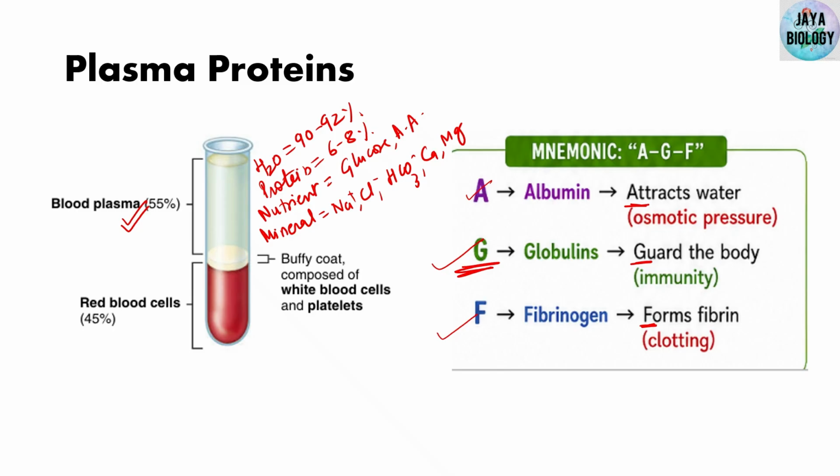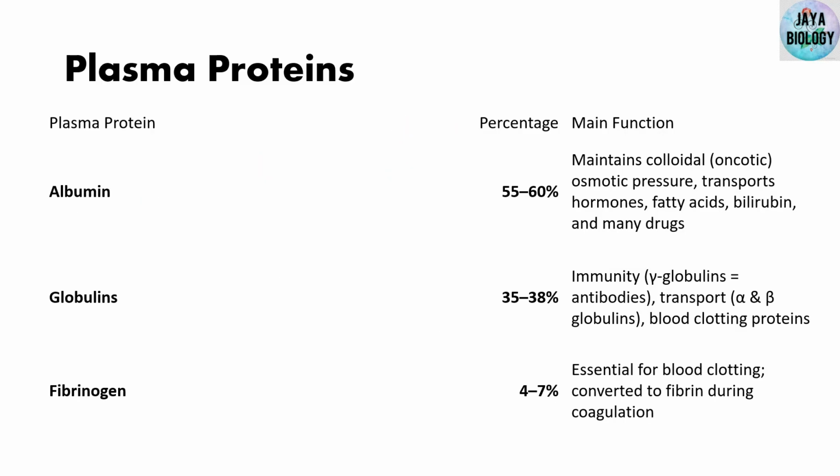Now let us discuss one by one. Albumin. If you see here, albumin percentage is 55 to 60%. Its main function is to maintain colloidal osmotic pressure. It will also transport hormones, fatty acids, bilirubin and many drugs.